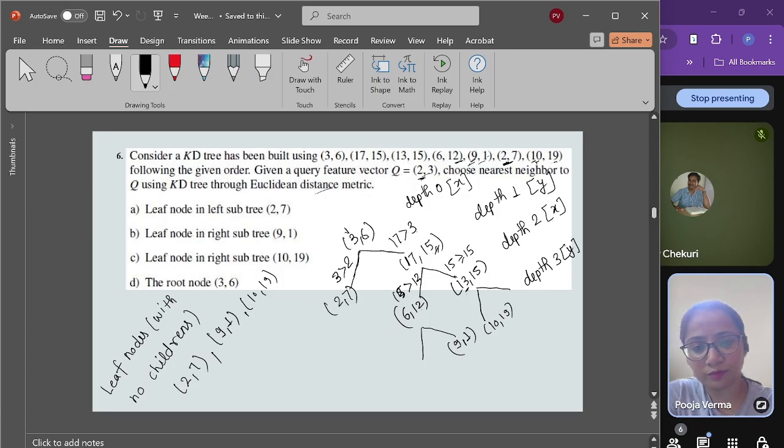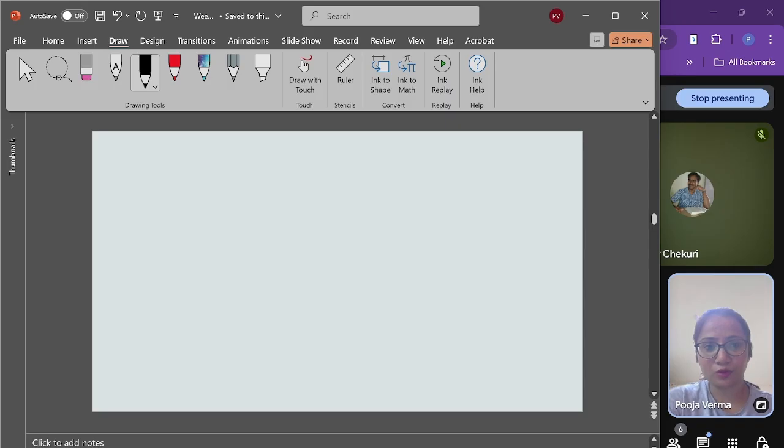We will start at the root node. So I'm taking one slide to calculate the Euclidean distance and choose the nearest neighbor for q equal to the point 2 3.